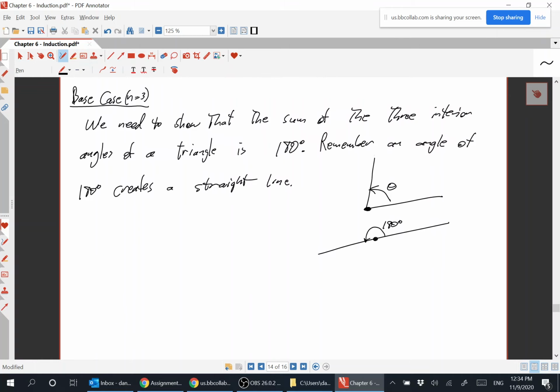So why is it that the angles in the triangle add up to 180? Has anyone seen this?